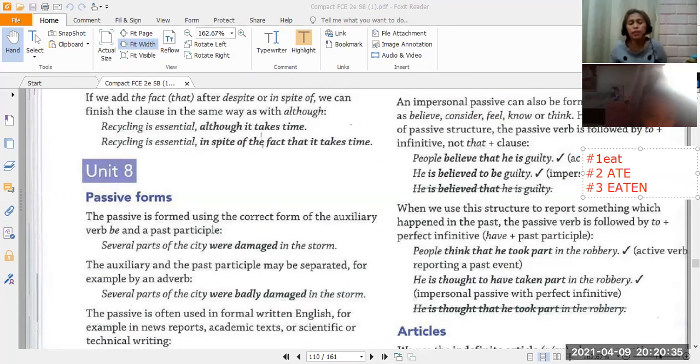Eat, ate, eaten. Eat is the verb. Ate, past tense. Eaten, past participle. The verb number 3 is also called the past participle. So don't forget that in the passive voice, the pattern, Kiyo, is be verb.